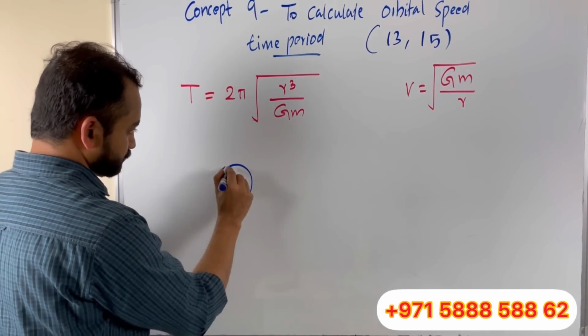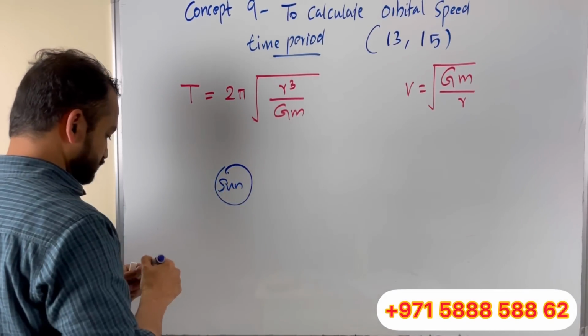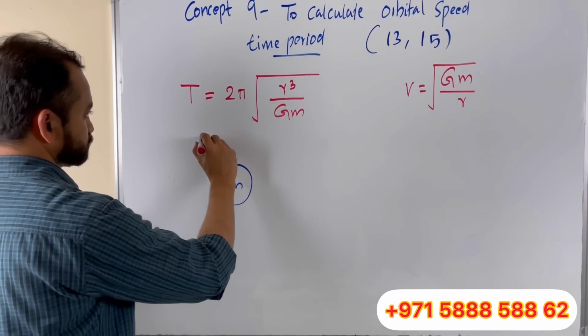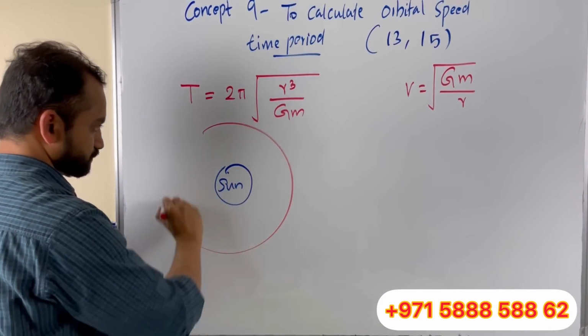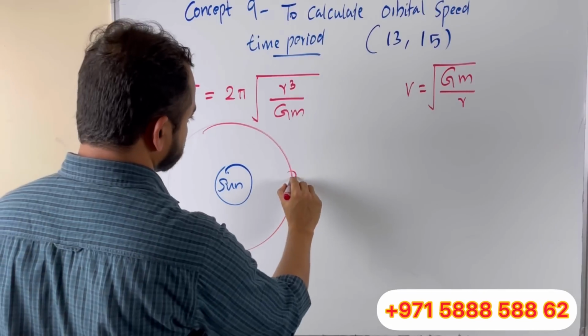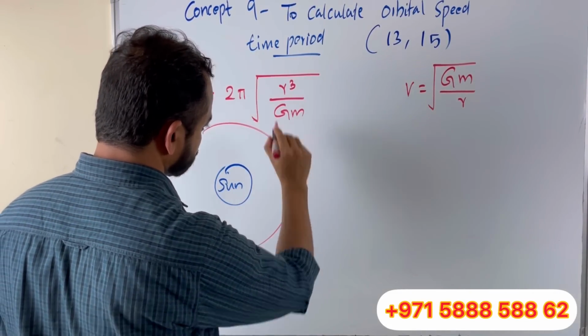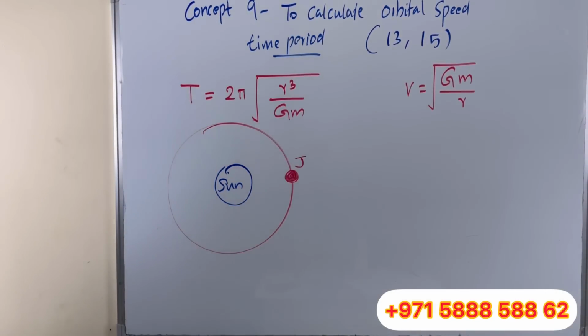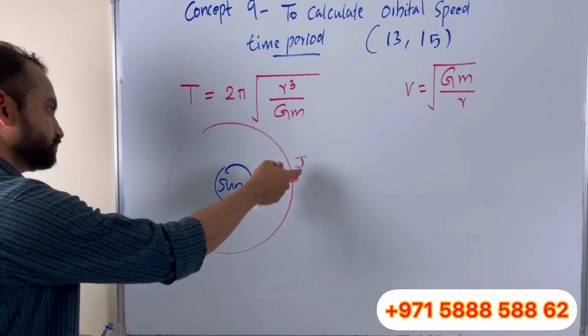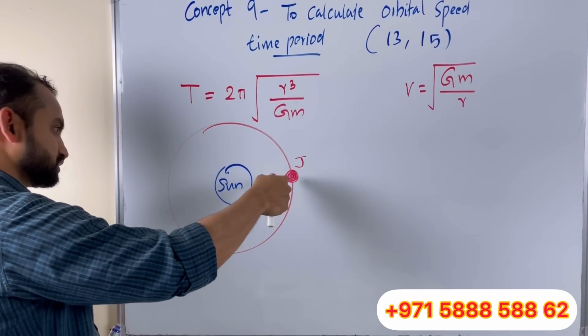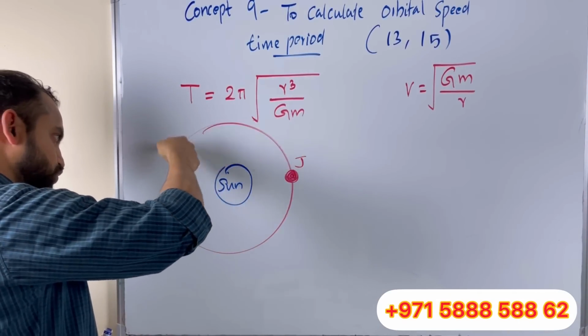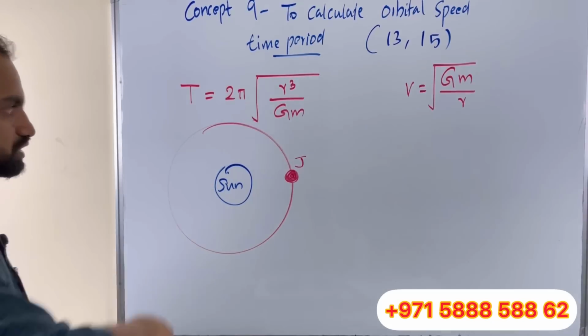Here for example we have the Sun, and there is a planet that is moving around the Sun. For example, this planet is Jupiter. So in this equation, to calculate the orbital time period means the time taken by Jupiter to complete one rotation around the Sun.